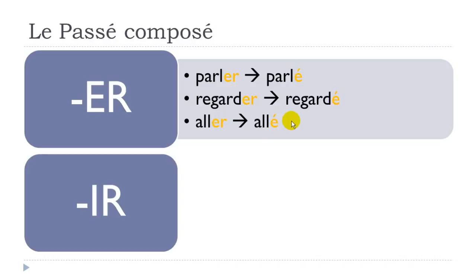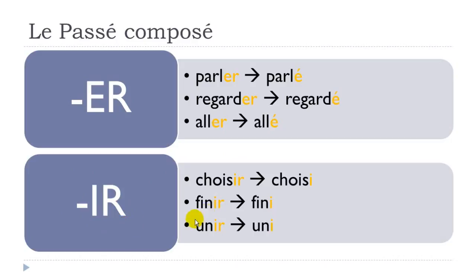Okay, the verbs from the second group, not all the ER verbs, unfortunately, but most of them, it would be quite simple because this ER will become I, alright? So you will have verbs like choisir, choisir is to choose, will become choisi for the participe passé form, okay?